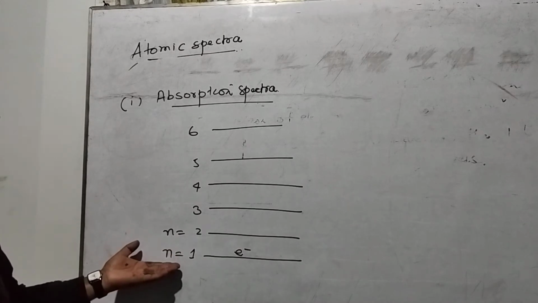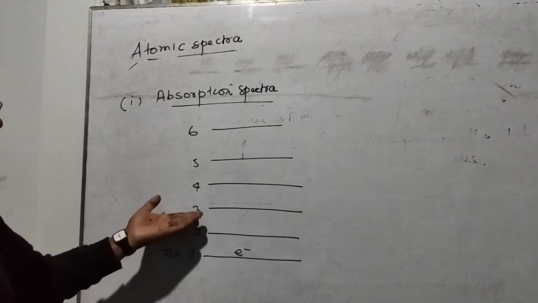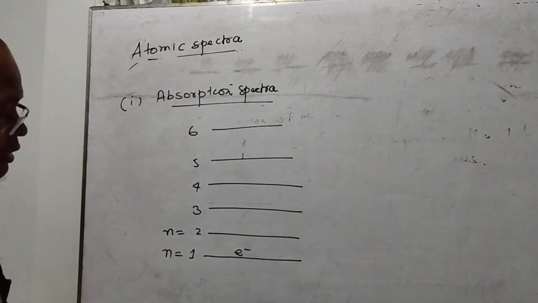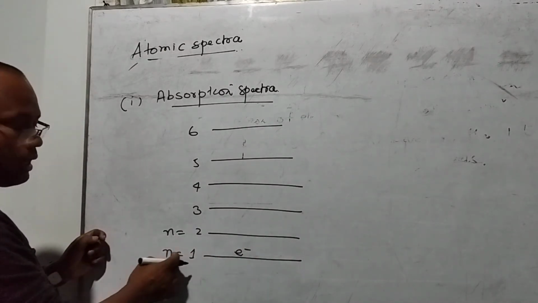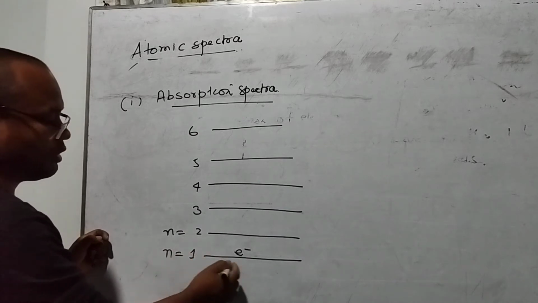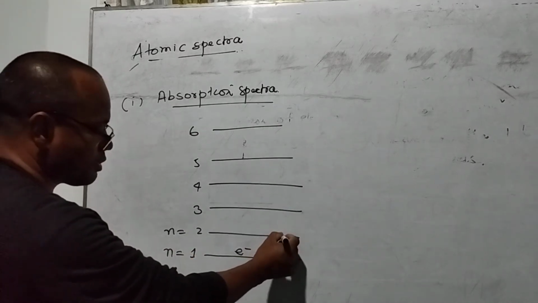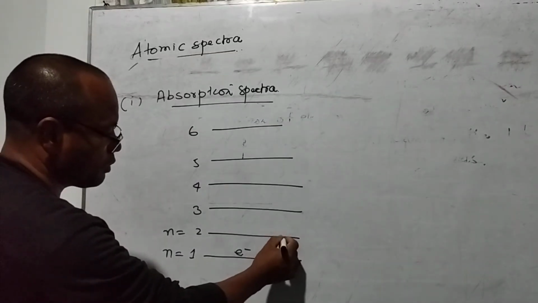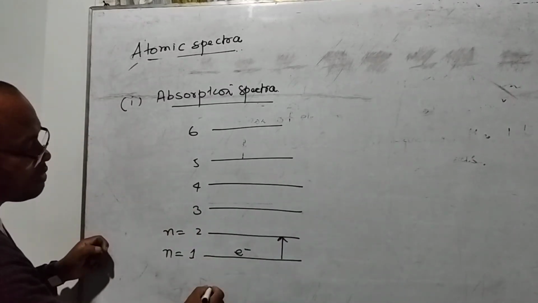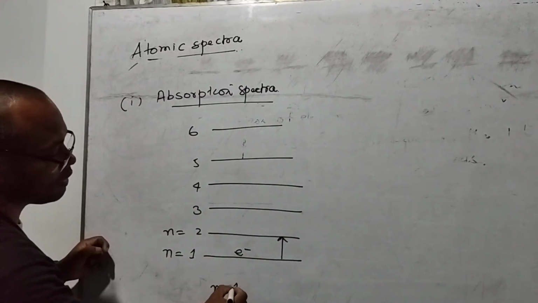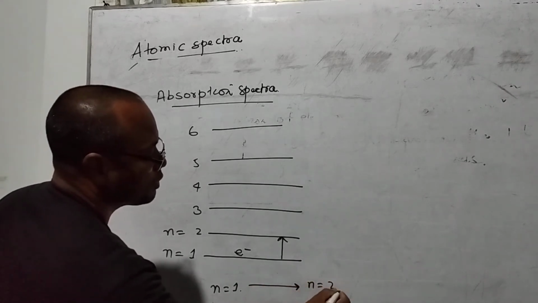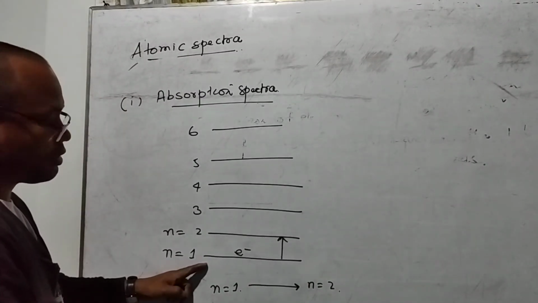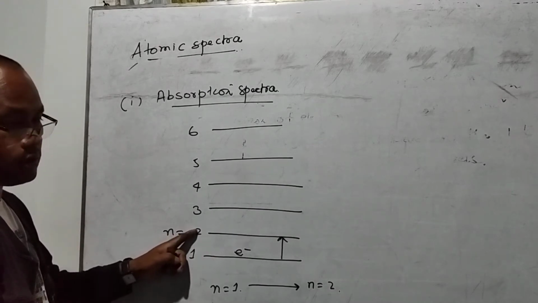It can be from 1, 2, or 3 to a higher energy level. Let's discuss the electron present at the lowest energy level. This electron jumps from n is equal to 1 to n is equal to 2. So this is the lowest energy level and this is the higher energy level.